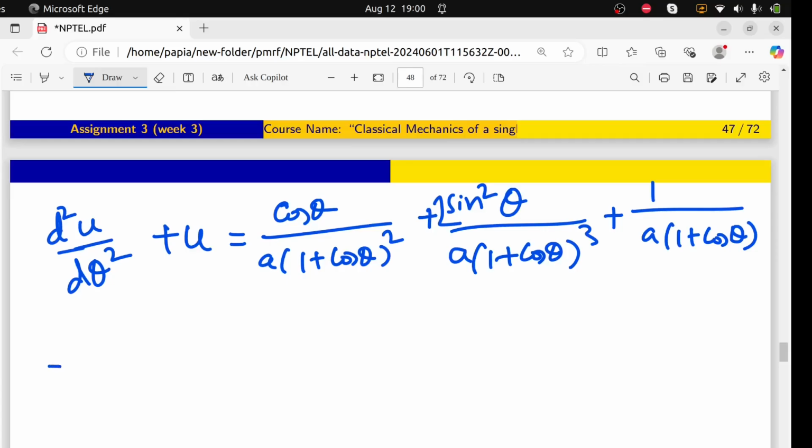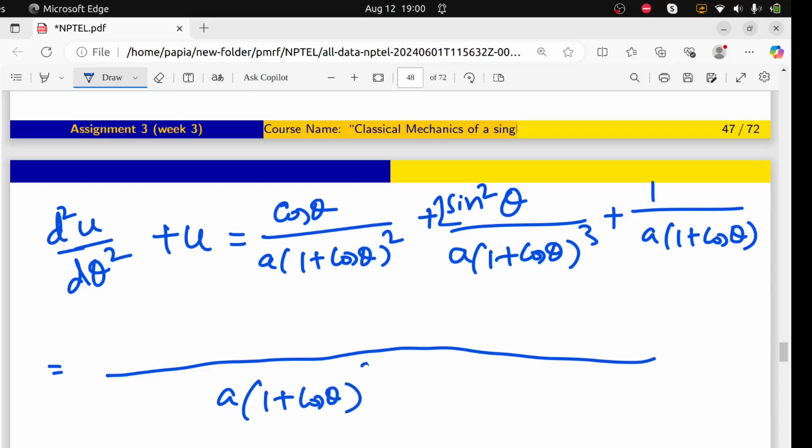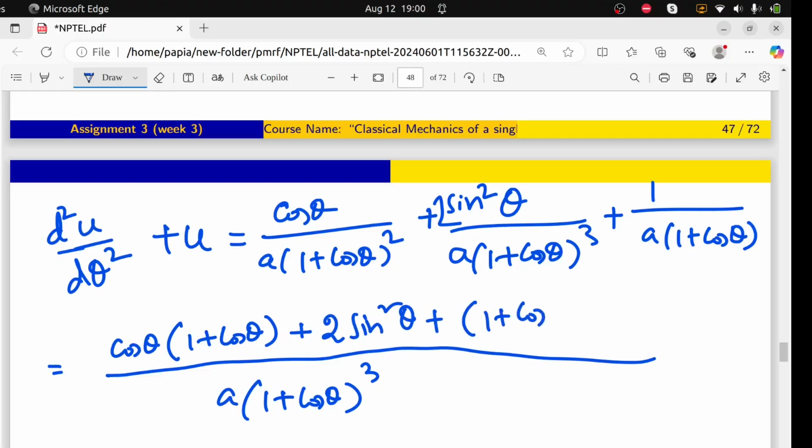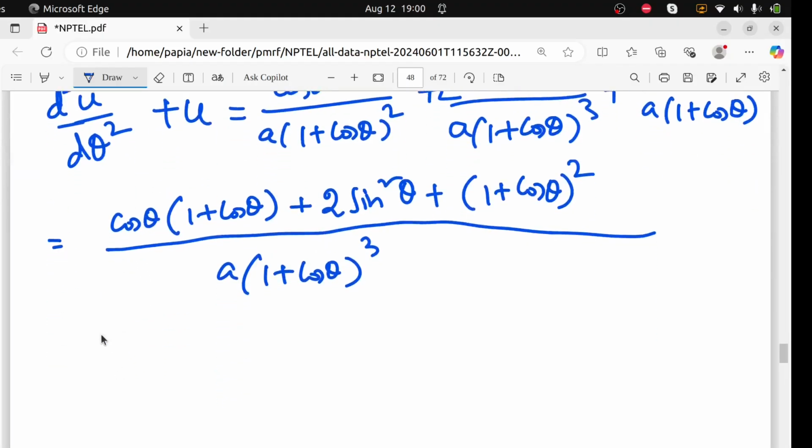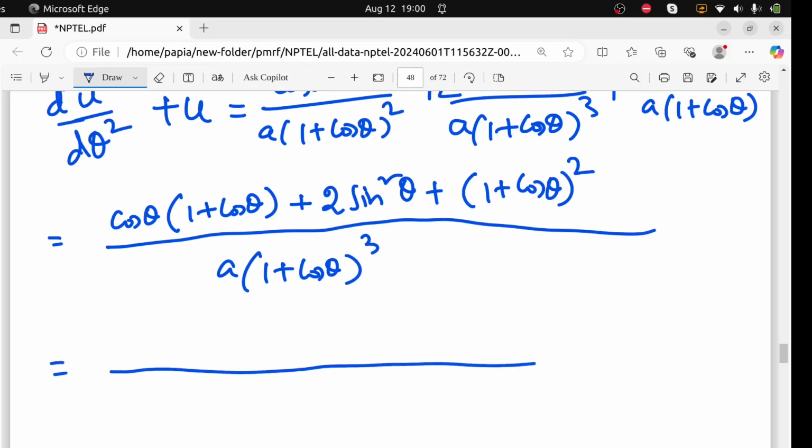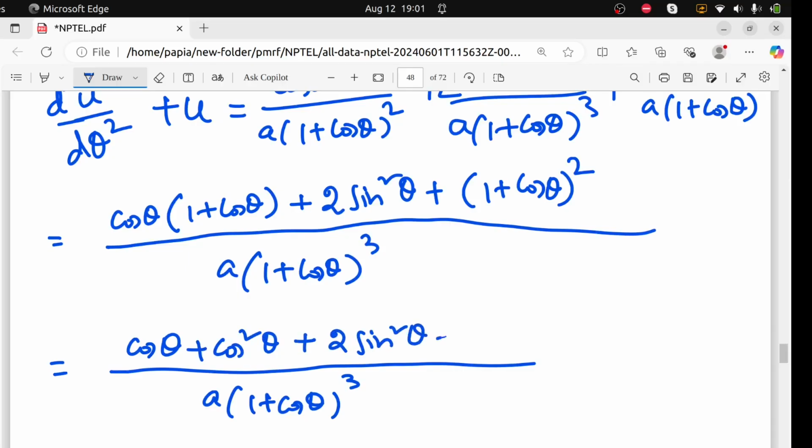So if I simplify this one, with (1 plus cos theta) whole cube in the denominator, it is cos theta into (1 plus cos theta) plus 2 sin square theta plus (1 plus cos theta) whole square. So the answer is cos theta plus cos square theta plus 2 sin square theta plus 1 plus 2 cos theta plus cos square theta.